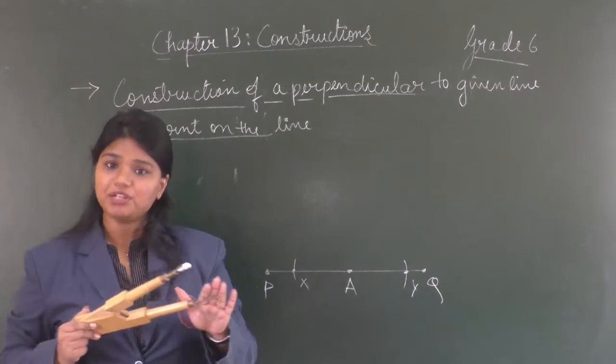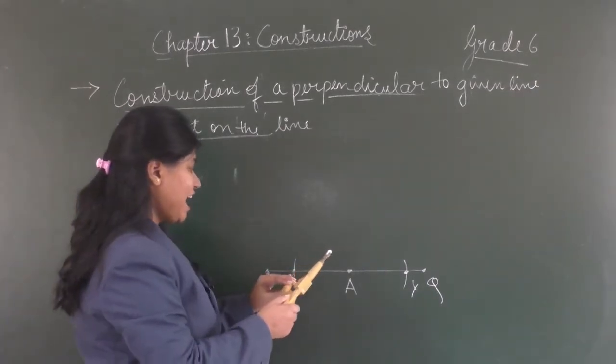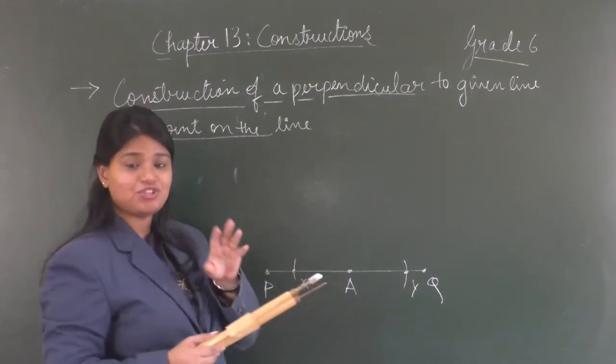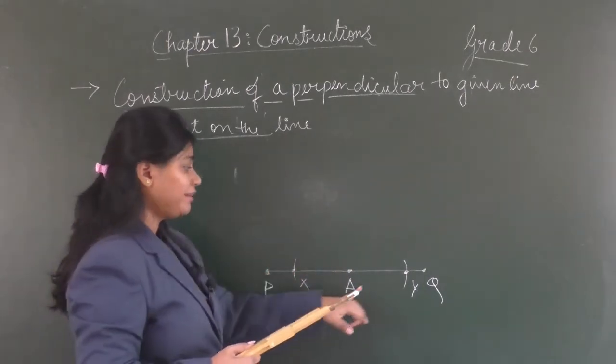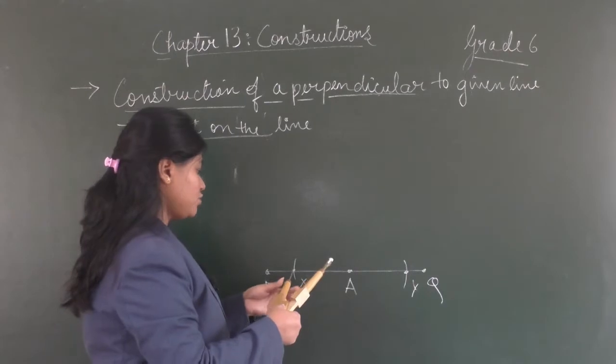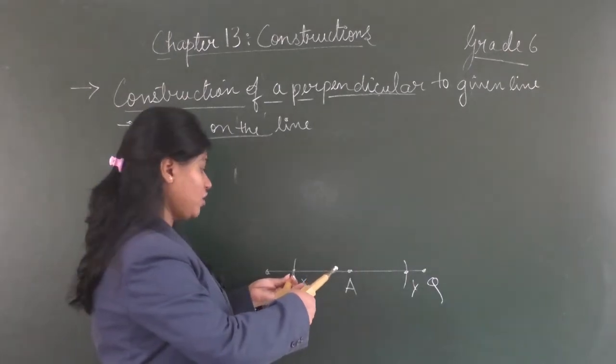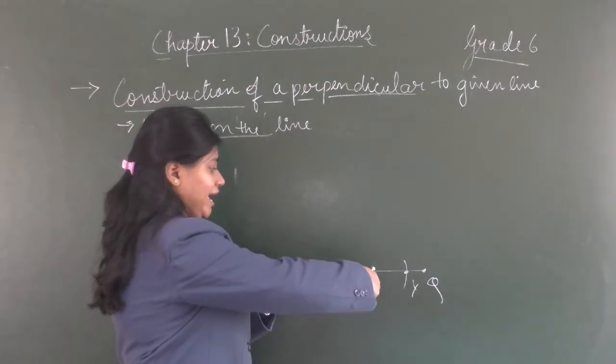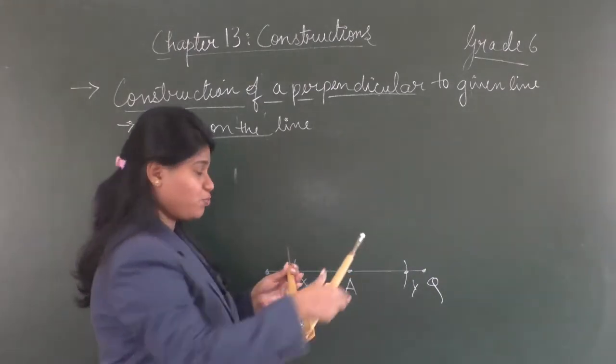Now keep the needle of the compass on point X and with a radius greater than XA. So this is XA, so you have to open your compass greater than this measurement. So I am keeping the compass needle on X and I am opening the compass more than XA. I am opening it till this point.